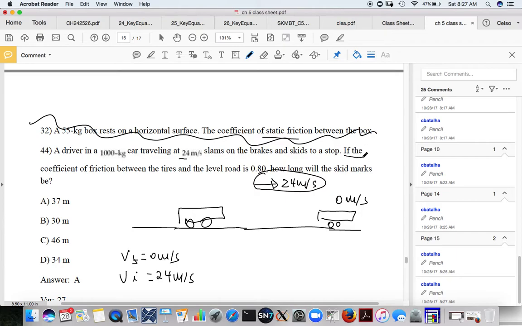If the coefficient of friction is 0.8, how long will the skid marks be?